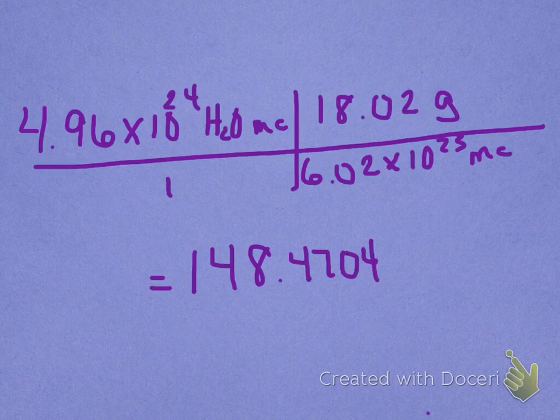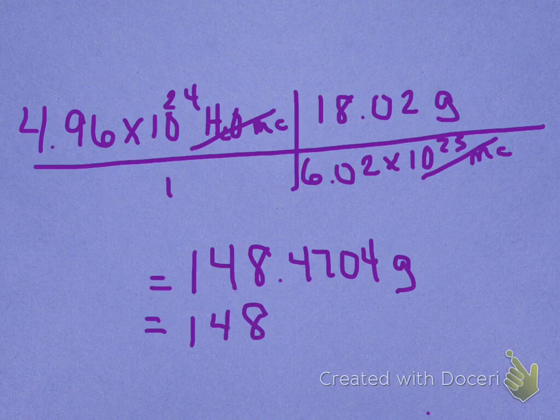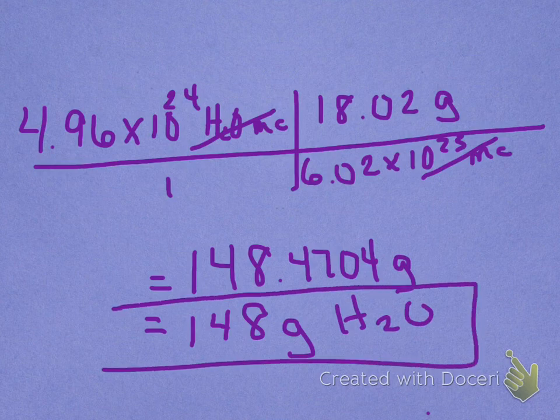And if we cancel out our molecules, that would be grams. I can only use 3 sig figs though, so I'm going to round this to 148 grams of water.